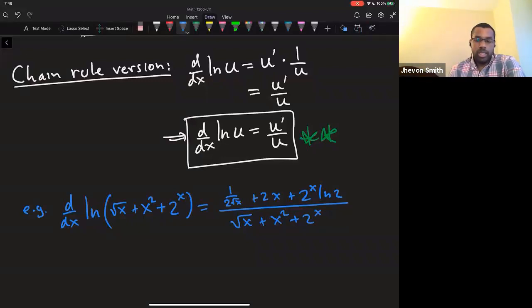So that's how you differentiate ln. It's not that bad.